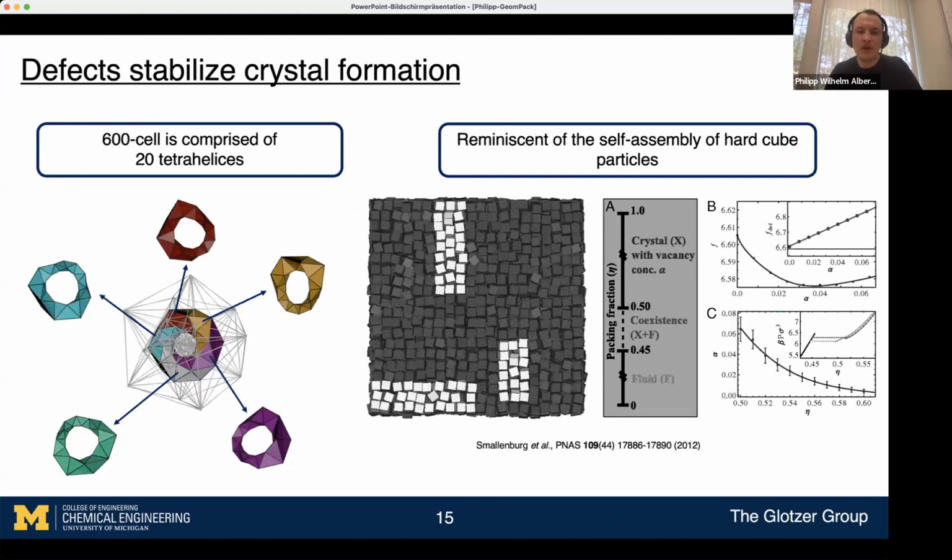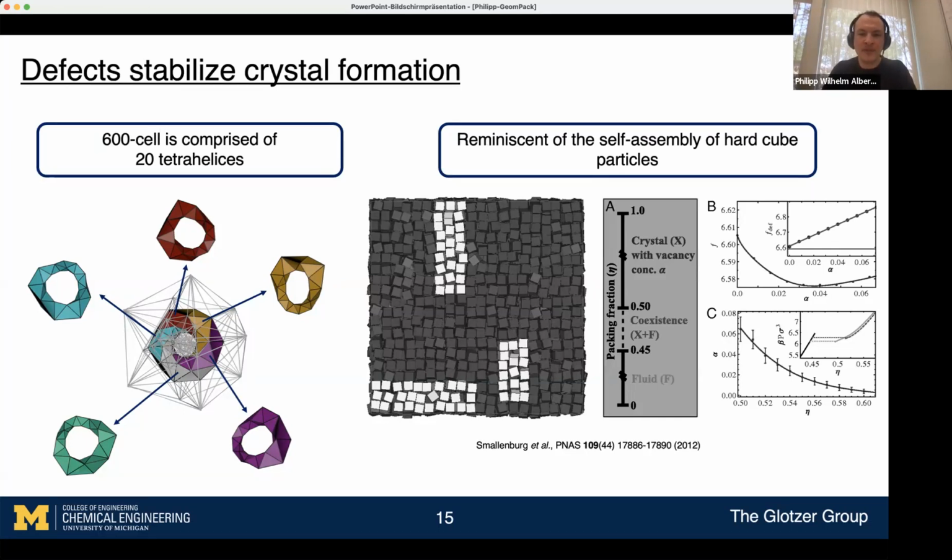And this in general is very reminiscent of the phase transition for hard cubes in Euclidean space, where Marjolijn Dijkstra looked at exactly this kind of phase transition. And she observed that by integrating a small amount of defects, you can stabilize the simple cubic crystal at even lower pressures.